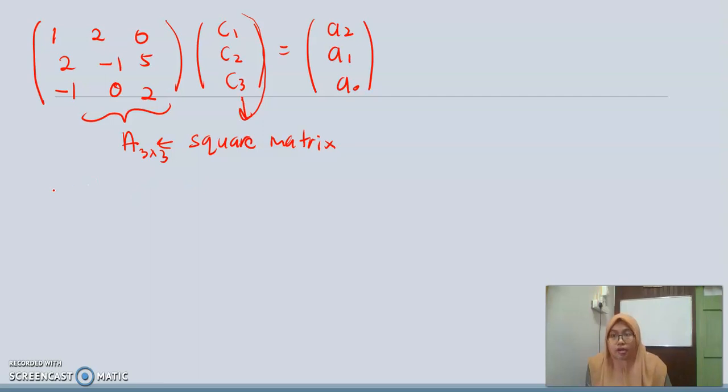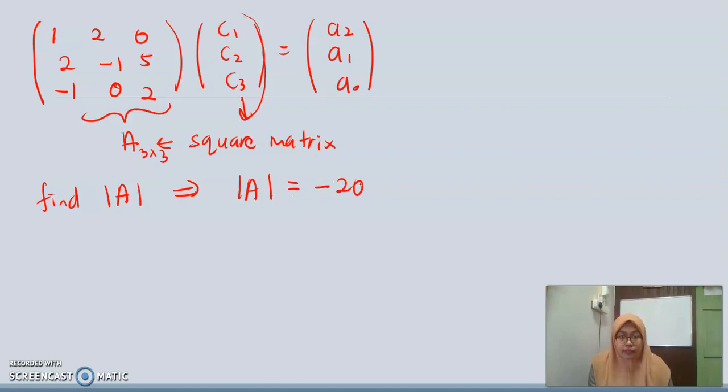Okay, now find the determinant of A. So the determinant of A, the value is -20. So since the value of the determinant of this square matrix does not equal 0, that means this system is a consistent system.